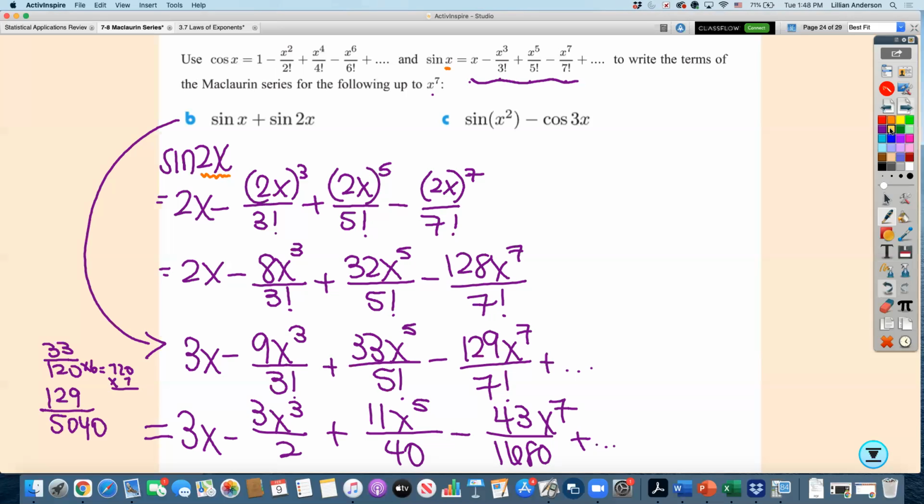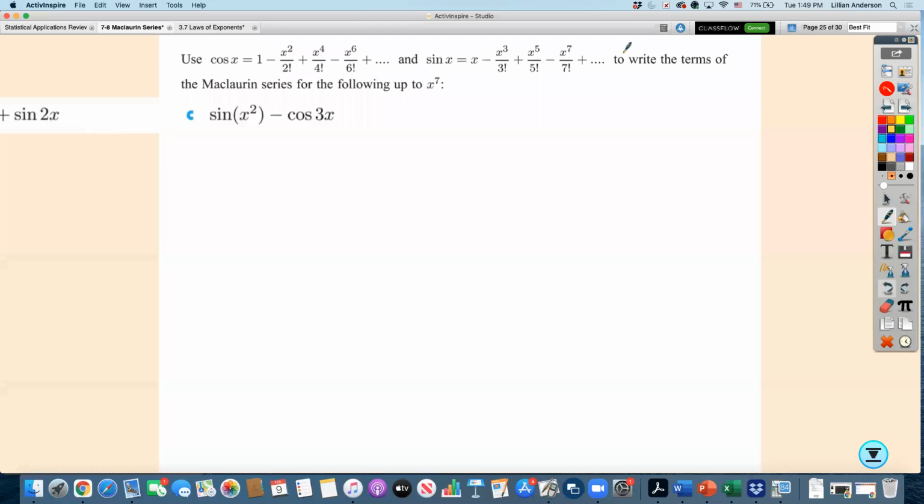So I need to be cautious. Let's go to the next page. Find me what cosine 3x is going to be, and we'll talk about sine x squared together.